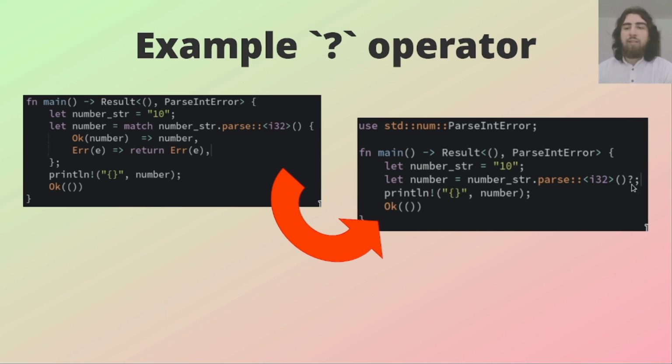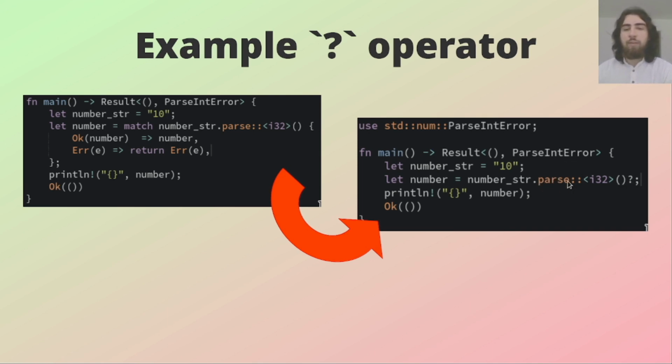Now we can do that appending to it the question mark operator, meaning in case this succeeds and it returns an OK with the value, in this case 10, but parsed as an integer, then it will just assign it to this variable, meaning number will then hold 10 as an i32.